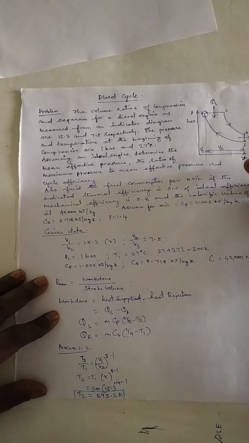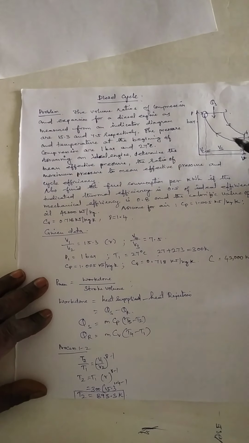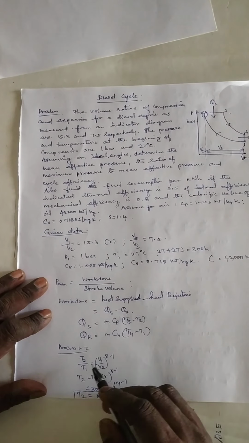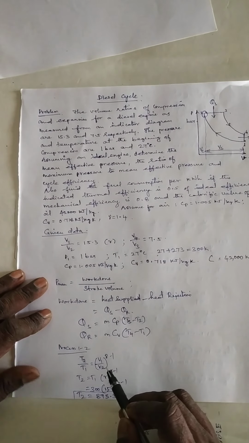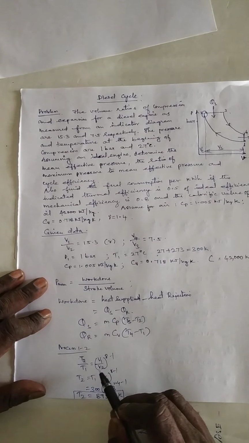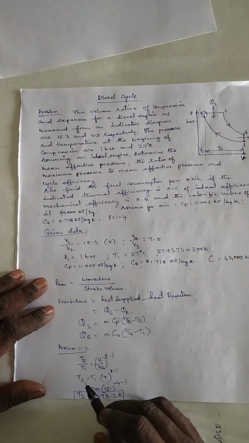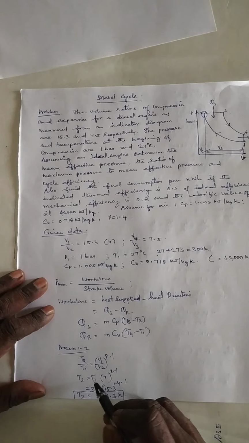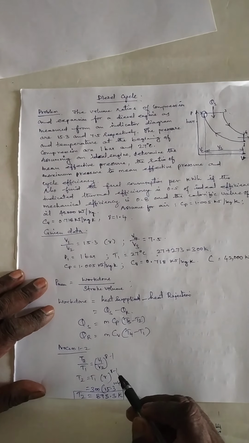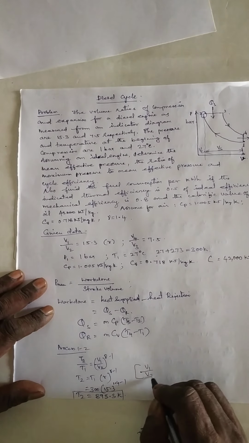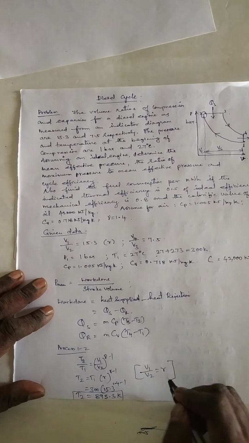Okay, from the process 1 to 2, using the PVT relations with temperature and volume, T2 by T1 is equal to V1 by V2 to the power of gamma minus 1. Therefore, T2 is equal to T1 into R to the power of gamma minus 1, since V1 by V2 is equal to R, the compression ratio.